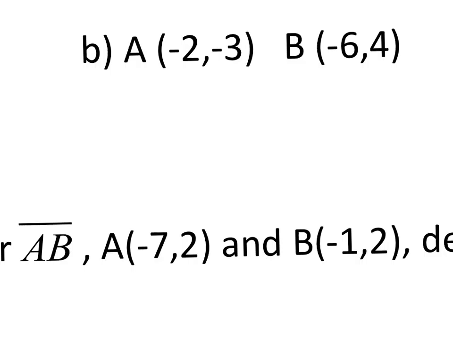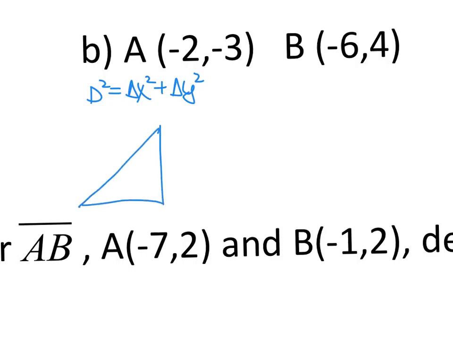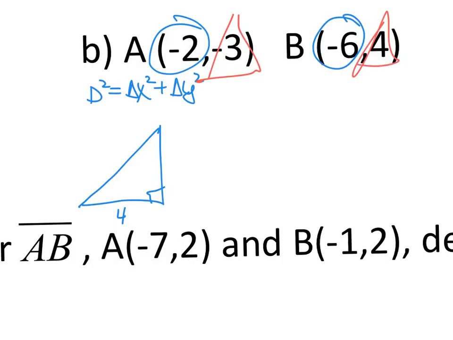Doing this problem, the distance squared is the change in x squared plus the change in y squared. So that's Pythagorean theorem. Drawing out a triangle at the same time. The change in x goes from negative 2 to negative 6. So that changes by 4. The y values go from negative 3 to 4, which is actually a change of 7.